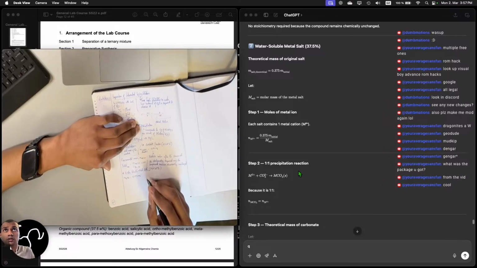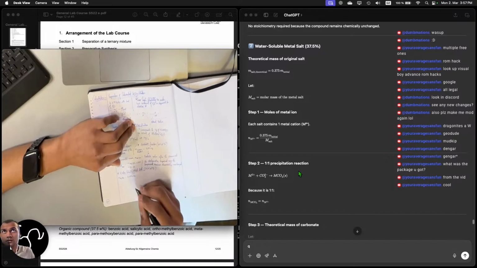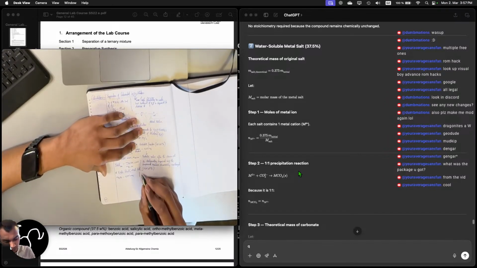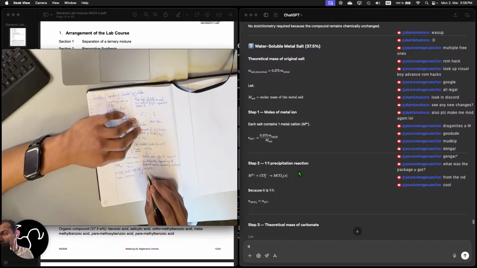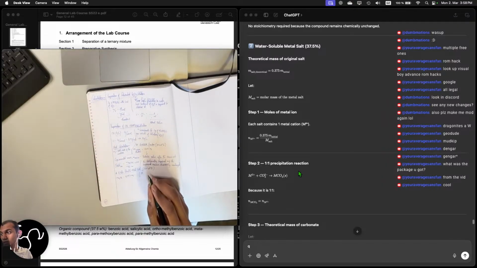Then we calculate the molar mass of the metal salt. So we have to figure out which sort of salt did we get? Which metal ion is involved? Because only with that we could figure out the molar mass.